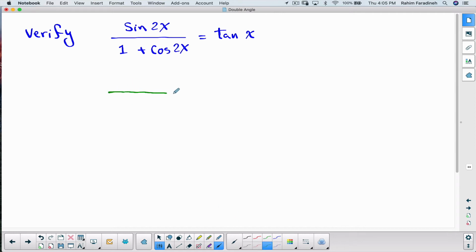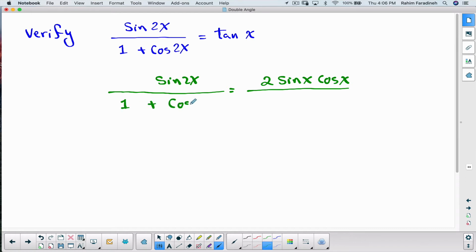Working on the left-hand side, we can rewrite sine 2x as 2 sine x cosine x. In the denominator, instead of cosine 2x, I'm going to go ahead and write 2 cosine square x minus 1.